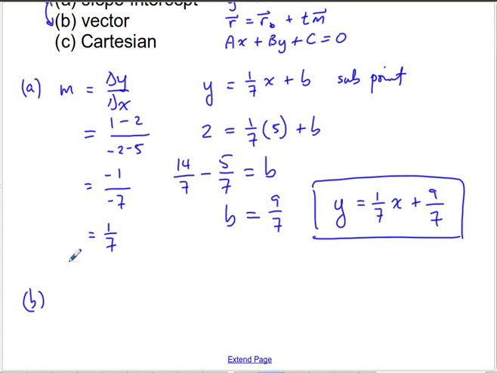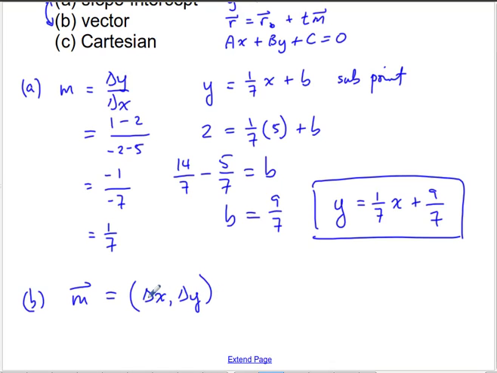So now that we've done that, we're going to move on to our vector form. So for this one, we need our direction vector. Our direction vector is very much like our slope, except we write it in the form delta x, delta y.